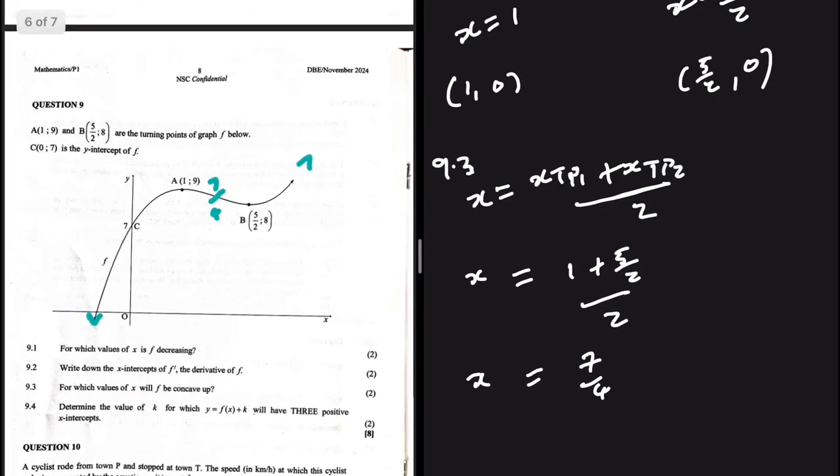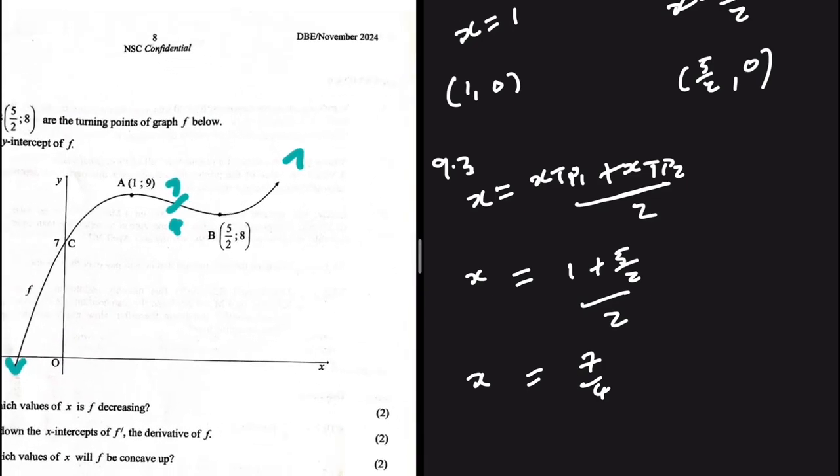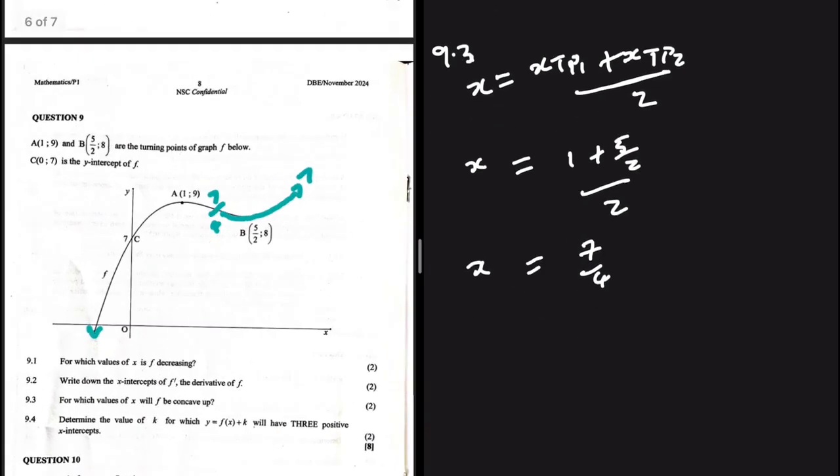So we're looking for the values of x for which it is concave up. So from 7/4 up until infinity, it is concave up. So what are we saying? We're saying that x can run from 7/4 up until infinity, that is 9.3, right?